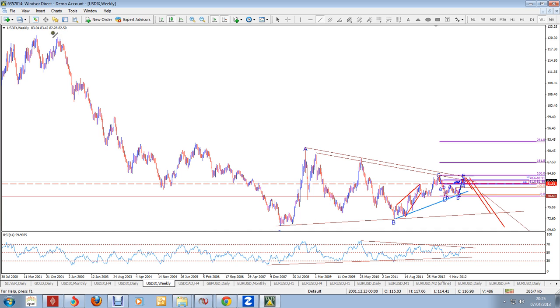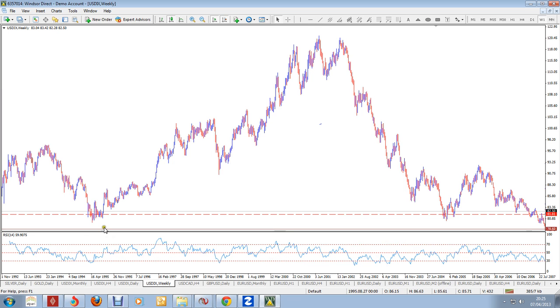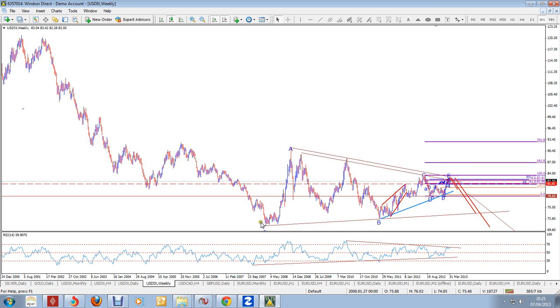So if this was wave 2, in other words, we have come down, as you can see, from there, gone up. So this was the bottom of wave 1, wave 2 here in 2000. Then we've come down here as wave 3. This is wave 4, and we'll be coming down for wave 5.